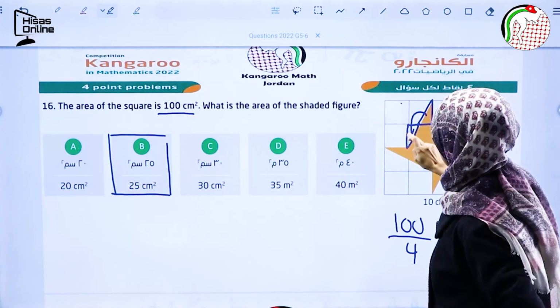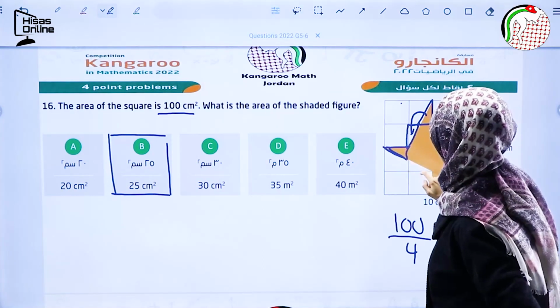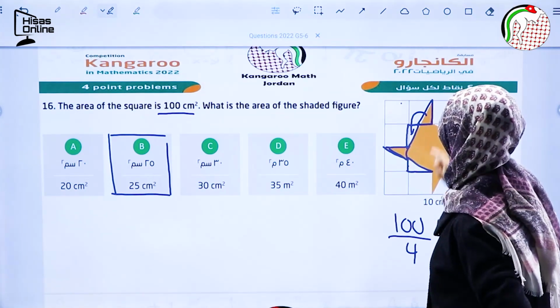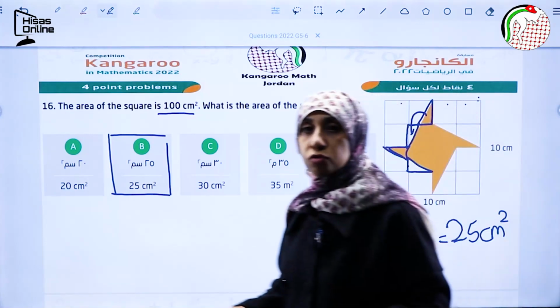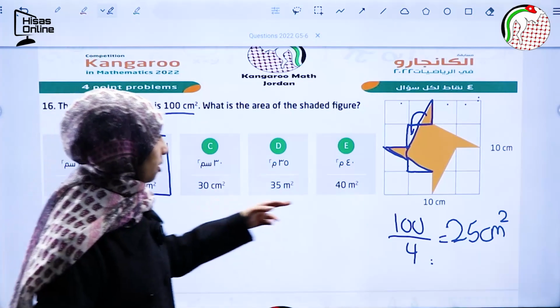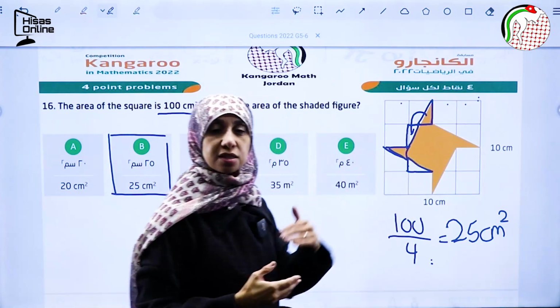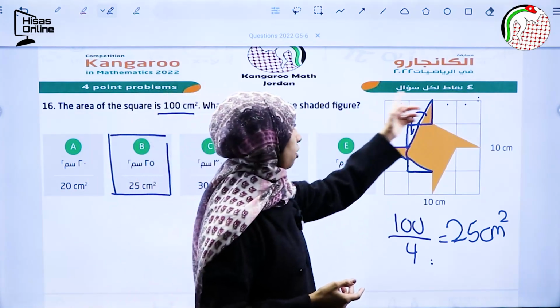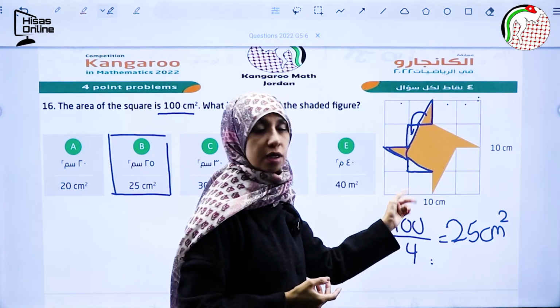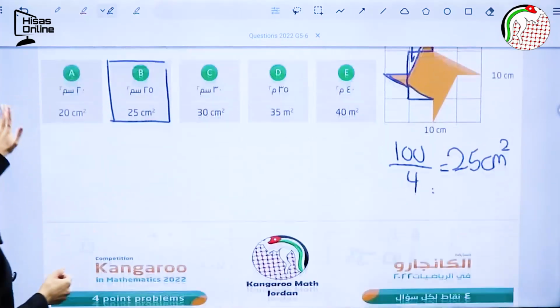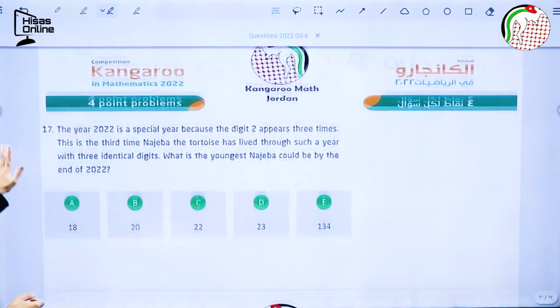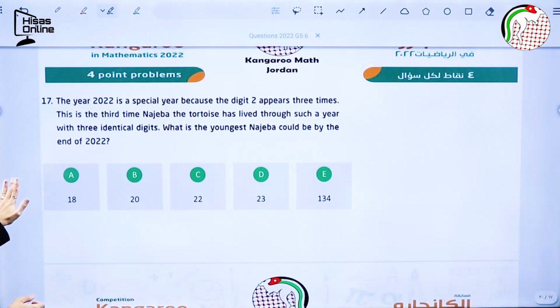It can fit here, and you can of course complete your solution as we did here, so that the area of the shaded part is quarter area of the outer square. Now we can move to question 17. This is a nice question.